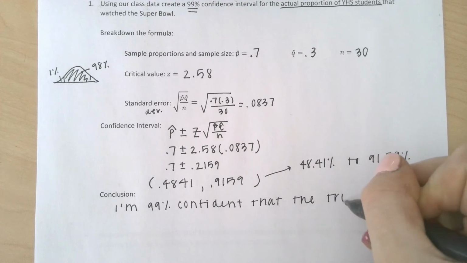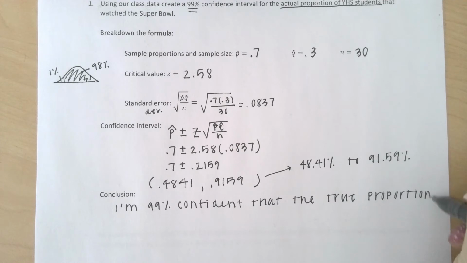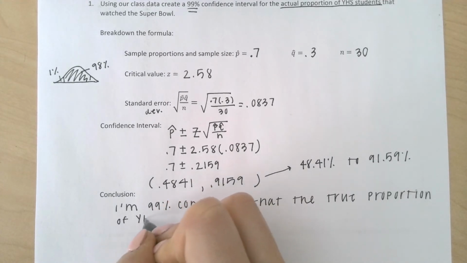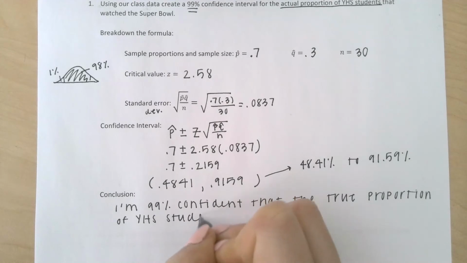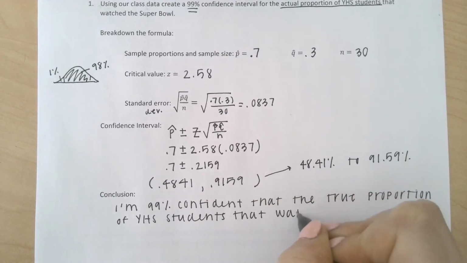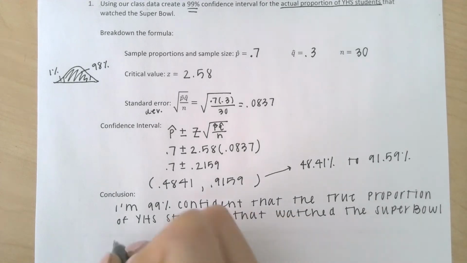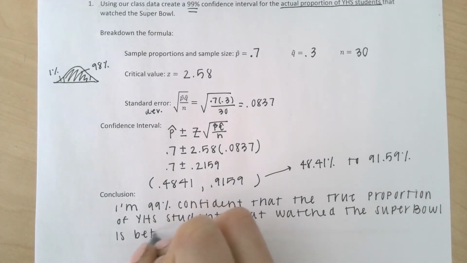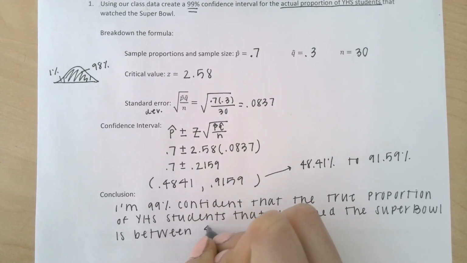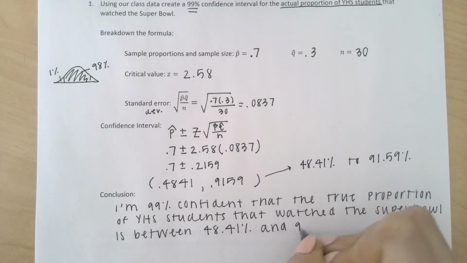So we're going to say, I'm 99% confident that the true proportion of YHS students that watched the Super Bowl is between 48.41% and 91.59%.